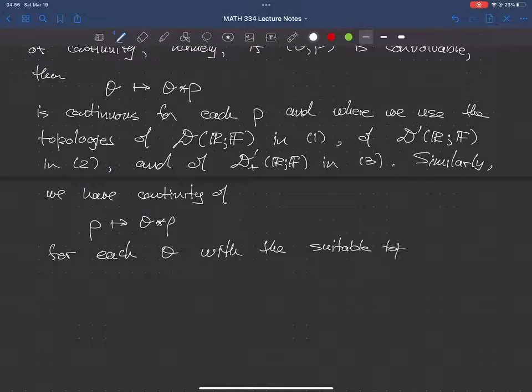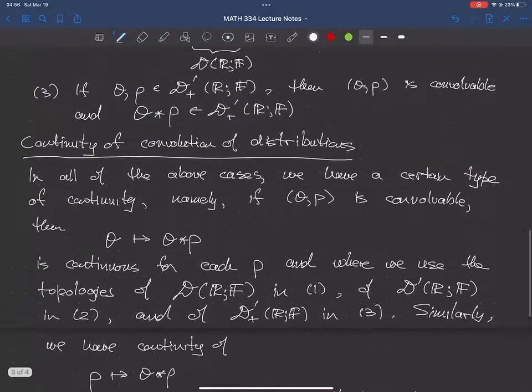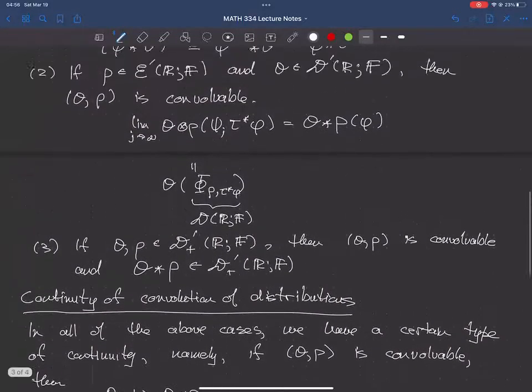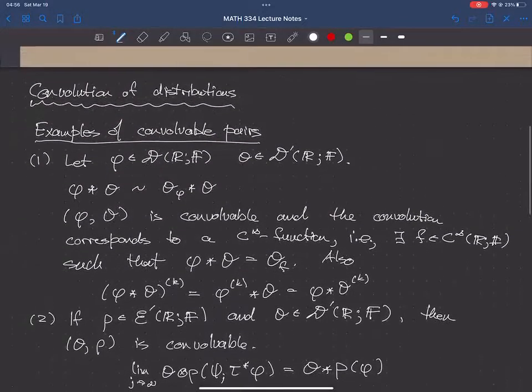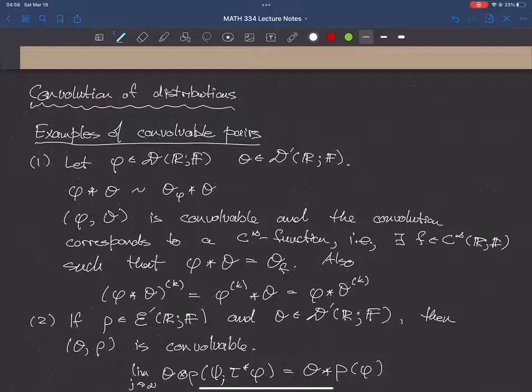All right. Okay. So that's kind of the analog for distributions of some of the things we talked about for convolvable pairs of functions. Okay.